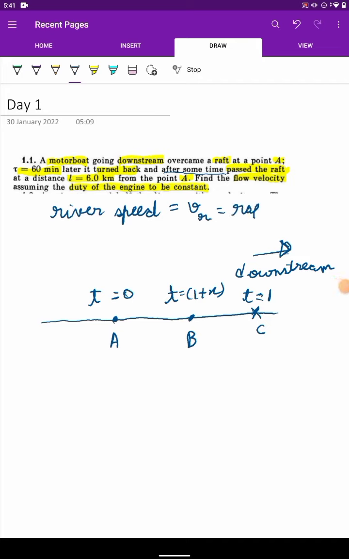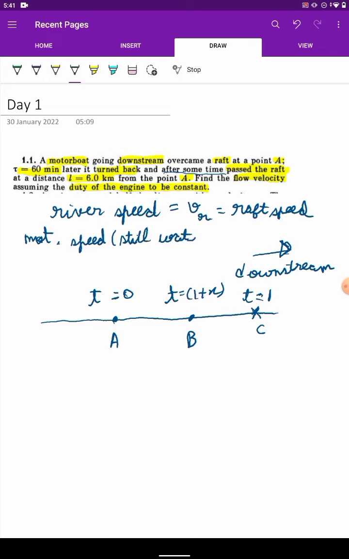Raft speed: as I told, the raft does not have any engine of its own, so it's the same speed. If we consider the motorboat, I'll just write mot, speed on still water.